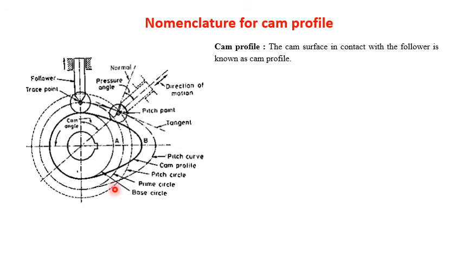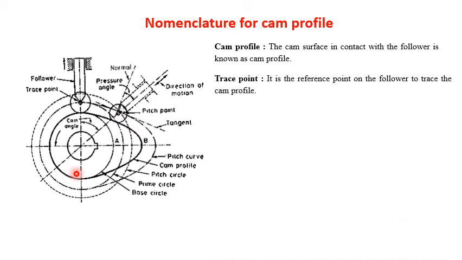In the figure, you can see this dark line indicates the cam profile. What do you mean by cam profile? This cam profile is a surface in contact with the follower. So this is the profile which comes in contact with the follower.